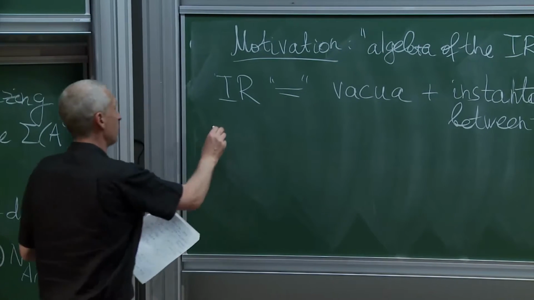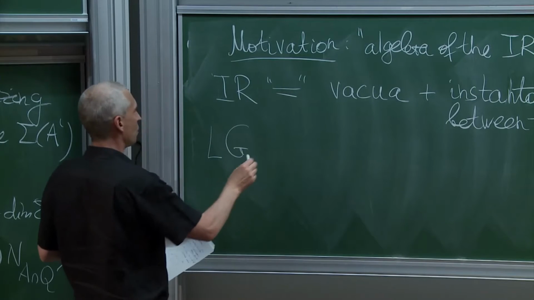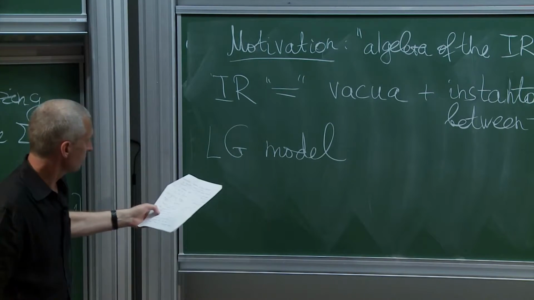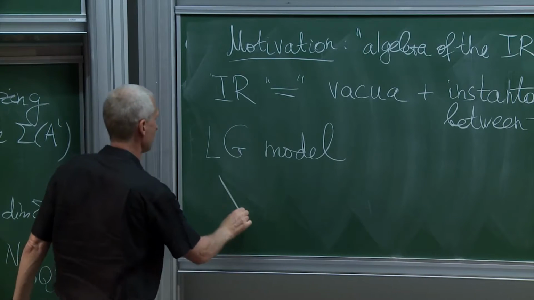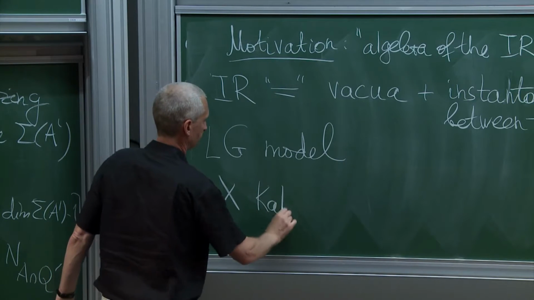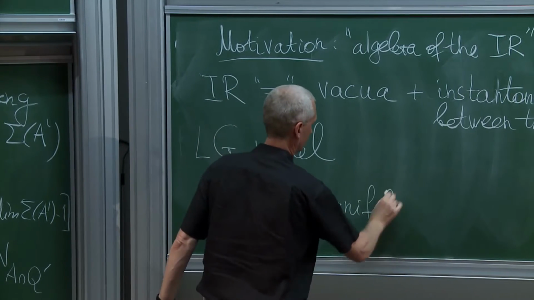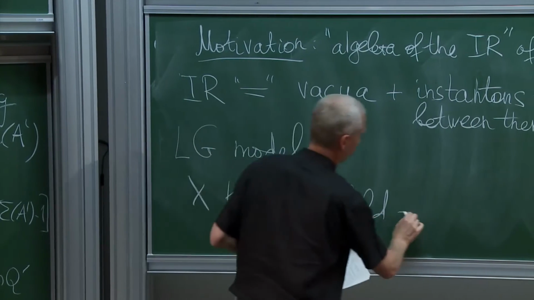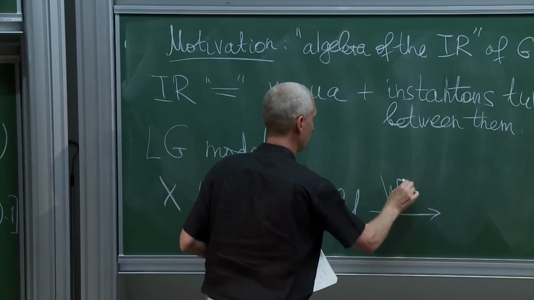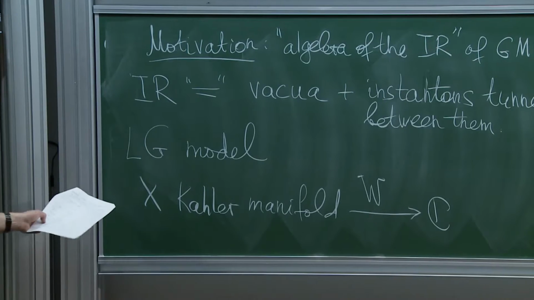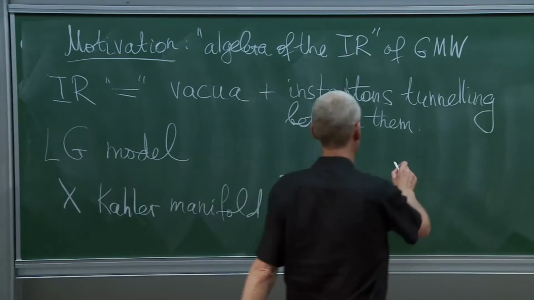These are general physical principles. We are interested in what's called a Landau-Ginzburg model, which simply means for us that we have a Kähler manifold X, and we have a holomorphic function on it, call it W. The manifold is not compact. Let's assume W is a Morse function.